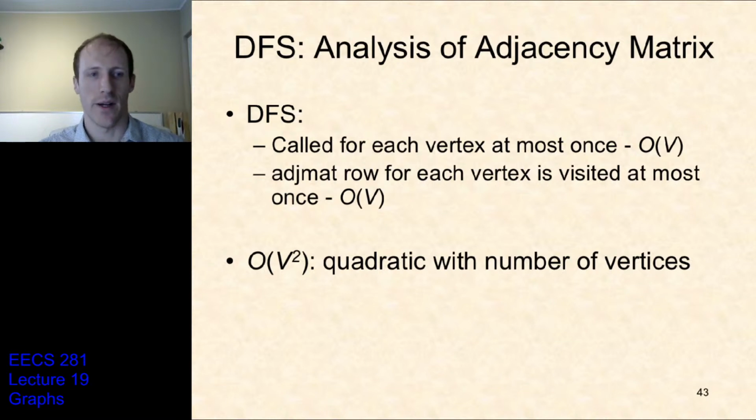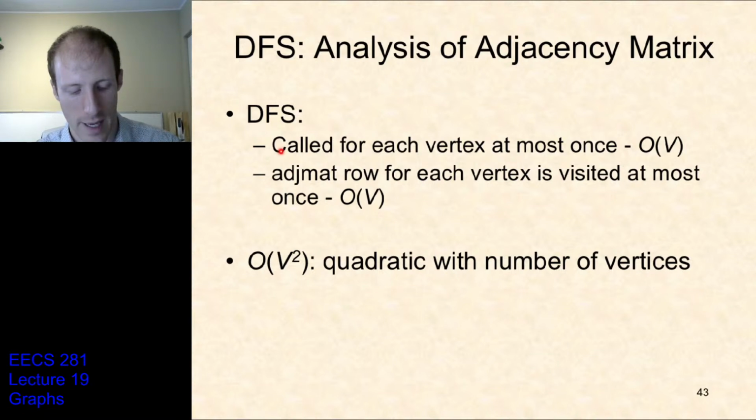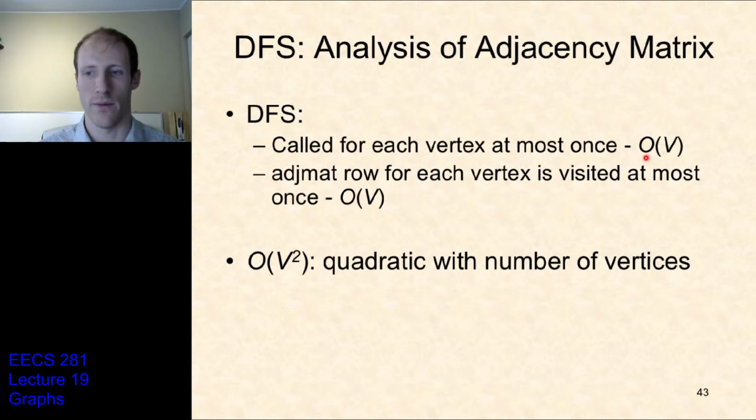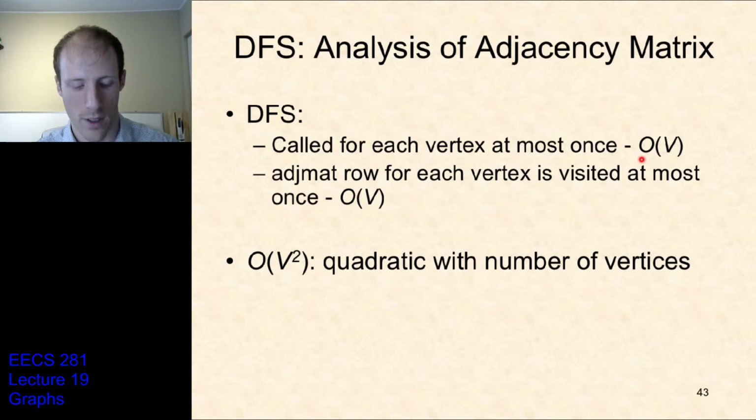On the other hand, let's say we are using depth first search on an adjacency matrix. What's the computational complexity of this? Well, we need to get each vertex, and getting a vertex takes one time unit, but we're doing it V times. So the total time for that is going to be on the order of V. And then per node, we are going to need to find all of its neighbors.